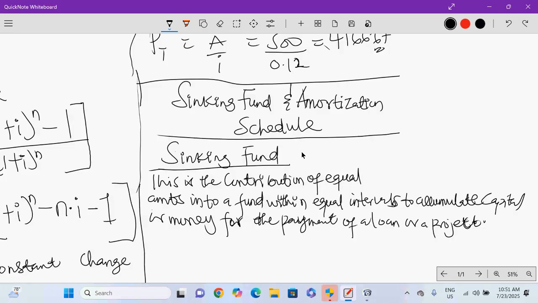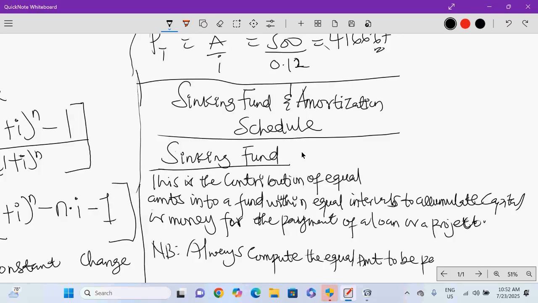So with the sinking fund, note that you usually always compute the equal amount to be paid into the fund.